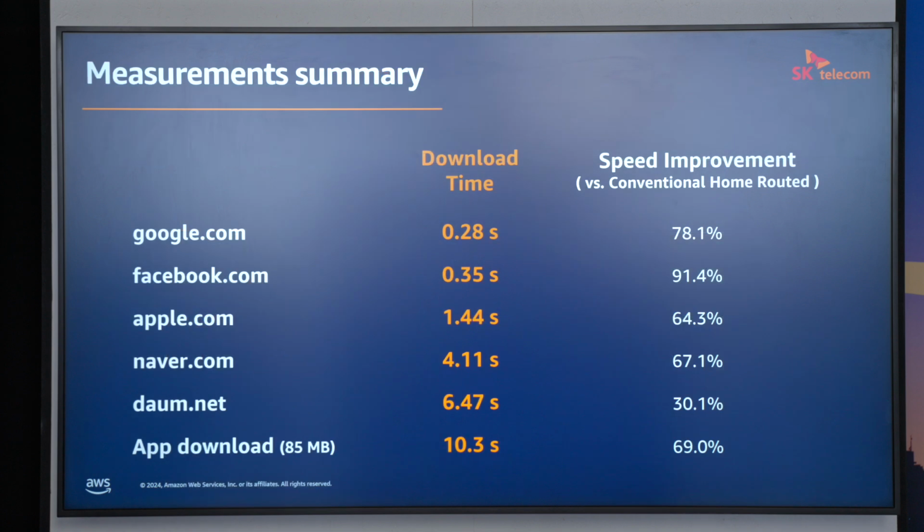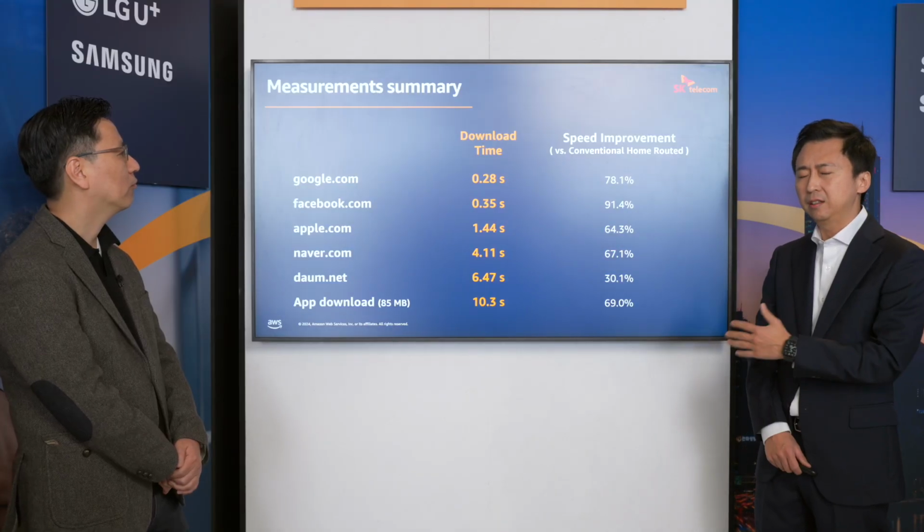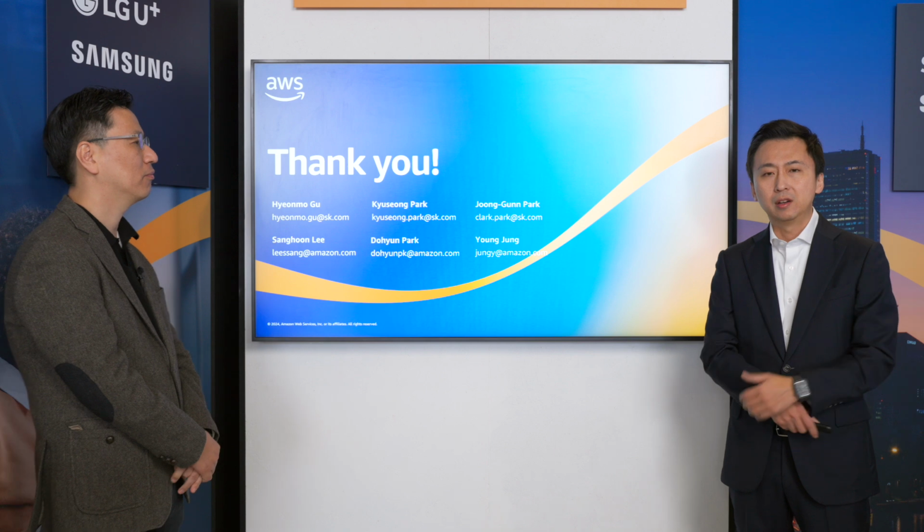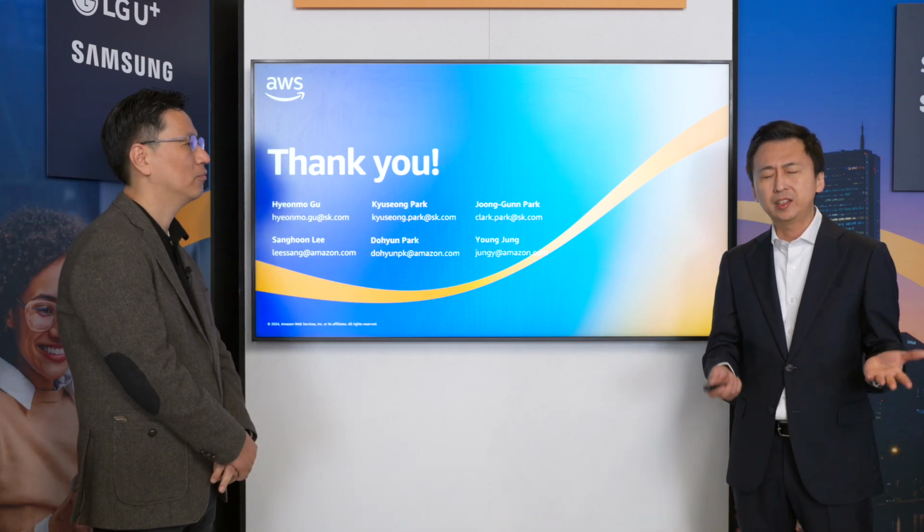So this is the web result. Most sites can be reached in a shorter time than with the traditional architecture. You watched the result of the Roaming Edge architecture. You watched that the roaming service is enhanced by AWS global infrastructure.